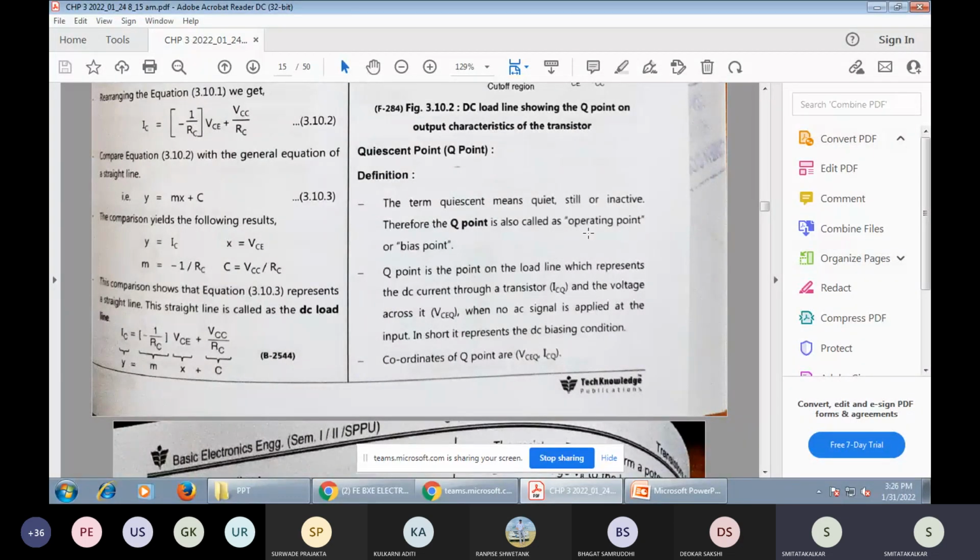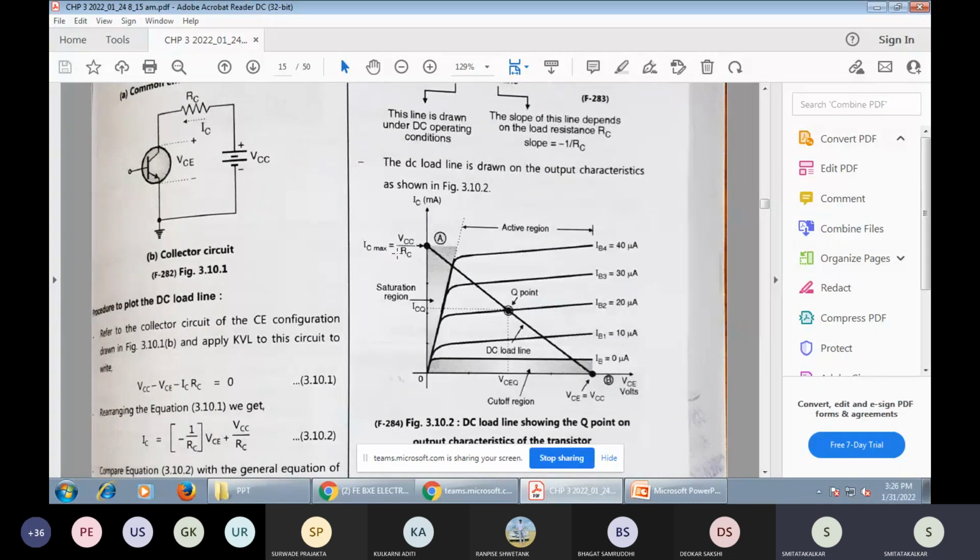Where is the biasing point? If the input voltage is increased, then the current is 0. And if the current is increased, then the voltage is 0. That's why the BJT, bipolar junction transistor, we can use as a current control device. You can control the whole circuit by current only.